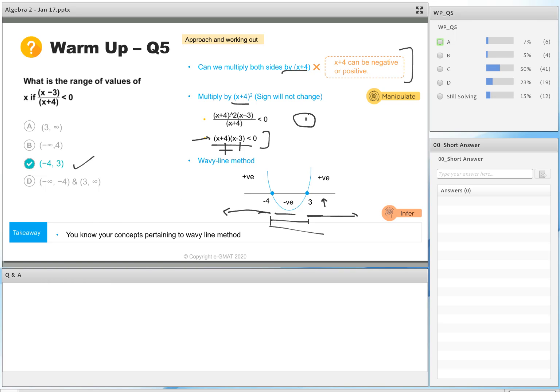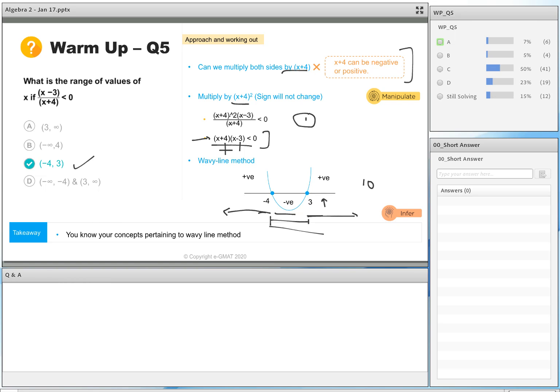So from 3 to infinity, take a number, let's say 10, and then see whether the value of the product remains a positive number or a negative number. That also would work in these kinds of questions. But again, when we are dealing with wavy lines, it's always better to work in ranges because the answer as well would come in a range, right?